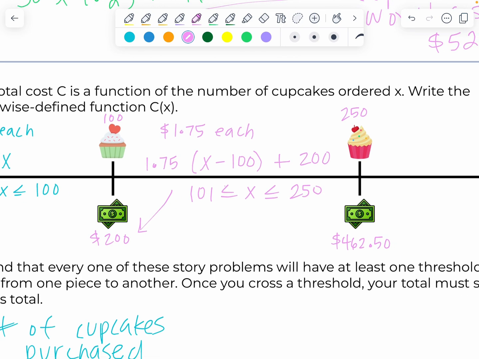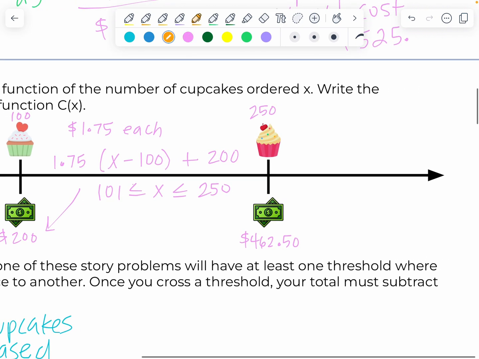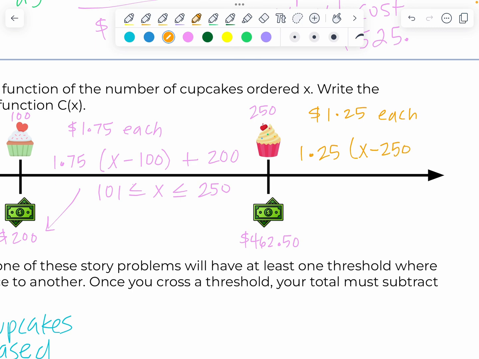And then finally, similar situation down here when our cupcakes are $1.25 each. We're going to do $1.25, but instead of X, it's going to be X minus 250 because we've already accounted for other prices for the first 250. So we're going to subtract that out.